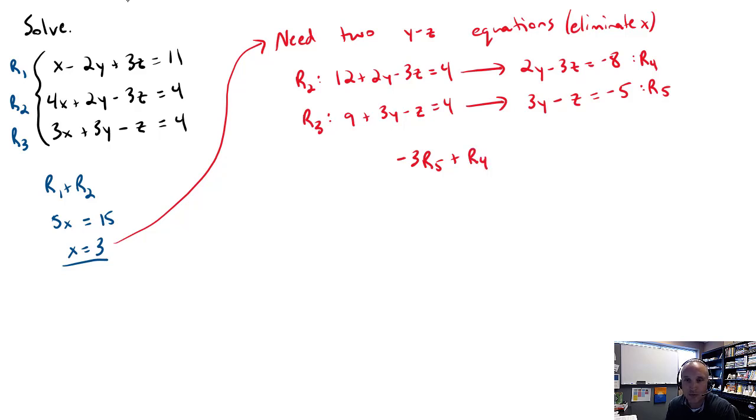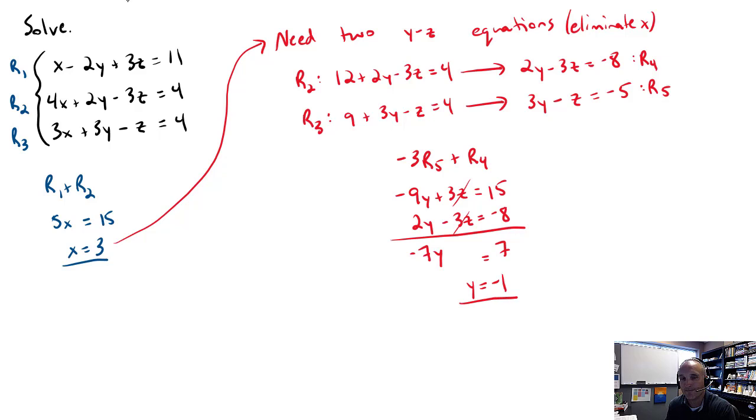So negative 3 times row 5 is negative 9y plus 3z equals positive 15, and add row 4, which is positive 2y minus 3z equals negative 8. Adding those together, we get negative 7y, z's cancel, equals positive 7. Divide by negative 7, and we can see that y is negative 1.